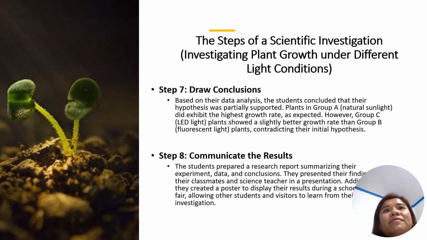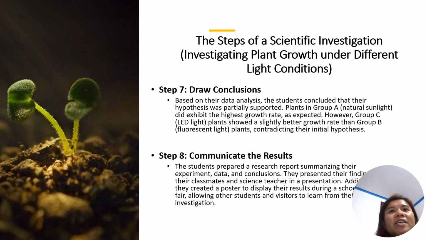Then we have step 7 example, which is draw conclusions. So based on their data analysis, the students concluded that their hypothesis was partially supported. Plants in group A, which has natural sunlight, did exhibit the highest growth rate as expected.